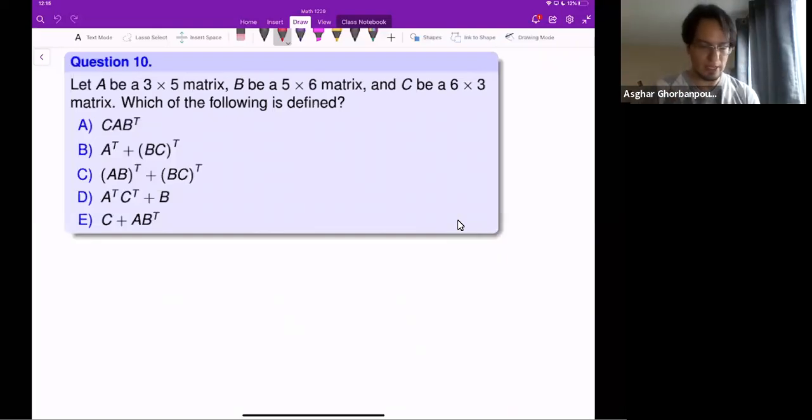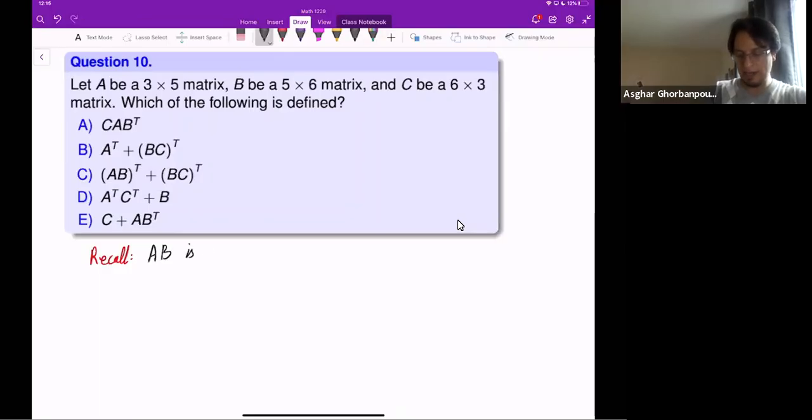So for this question, we have A, which is a 3 by 5 matrix, B, which is 5 by 6, and C, which is 6 by 3. Recall that A times B is defined if you have n times m and then k times r, then m must be equal to k.